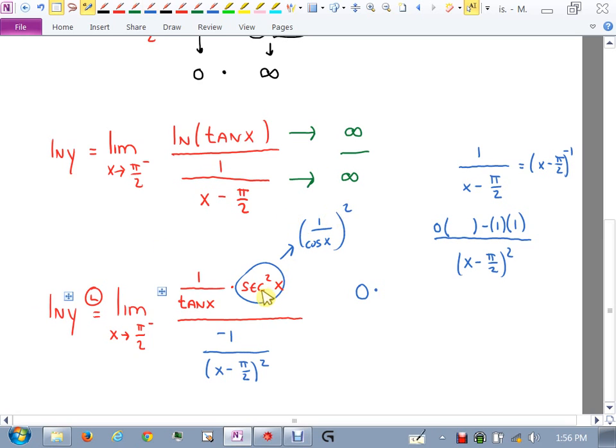That's what that means. Cosine of pi over 2 is 0. Okay? So 1 over 0 is infinite. Isn't it? 1 over 0 is infinite.